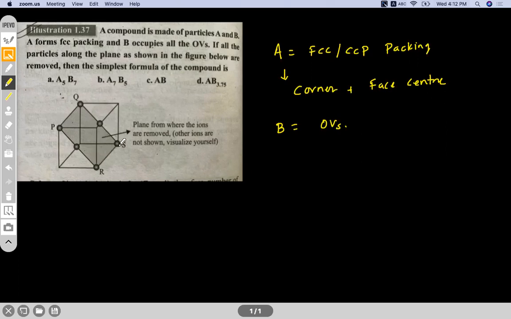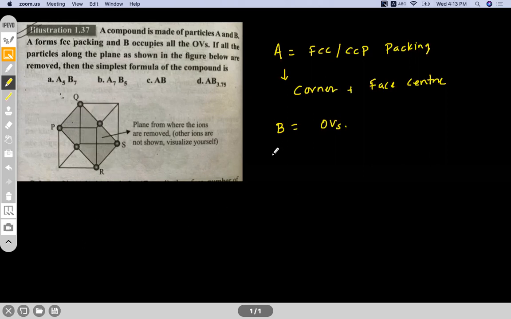So this plane obviously passes through the two cornered atoms here, and these are the face centered atoms of this face and this face. And along with this face center, it also passes through the body center. Yes or no? Yes. Correct? So the plane from the top edge to the diagonally opposite edge is passing through the body center, and the two face centers, and 2 + 2, 4 cornered atoms here.